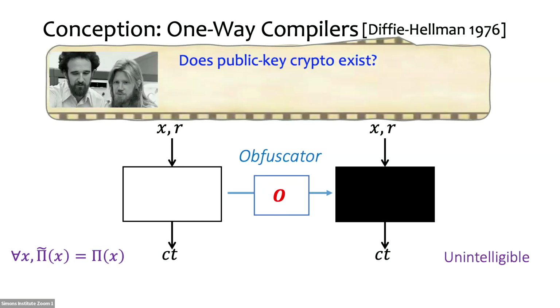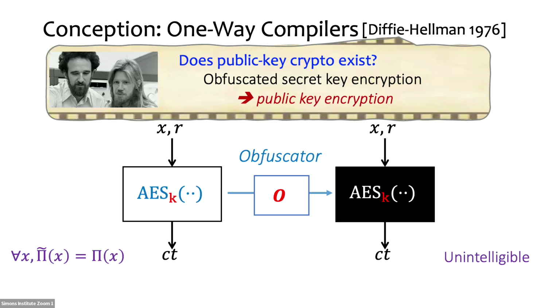Back in 1976, cryptography was really pondering whether public key cryptography exists. What Diffie and Hellman thought is that if we had program obfuscation, then we could obtain public key cryptography by simply obfuscating the encryption algorithm of any secret key encryption scheme, for example AES with a random key K. Because the obfuscated program is meant to hide the secrets inside the original program, this obfuscated program can simply serve as the public key.